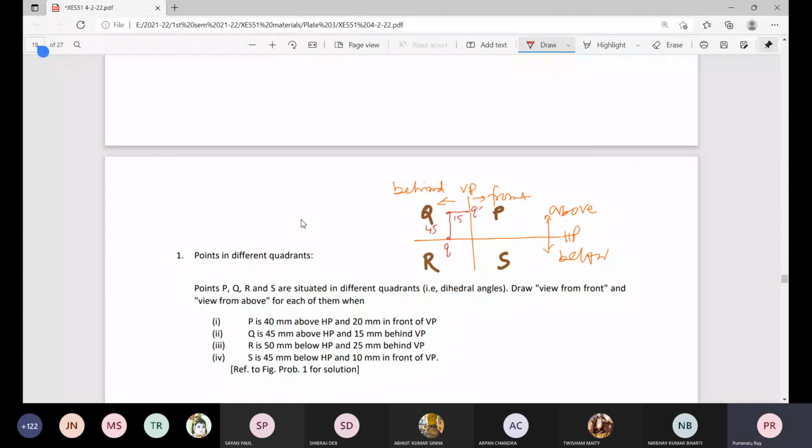Now for fourth quadrant, both of these views will come below this. It is somewhere here, 45 millimeter below HP and 10 millimeter in front of VP. It is here. It is 10 and it is 45. So 45 millimeter below HP will be the elevation, and 10 millimeter below XY will be the plane.